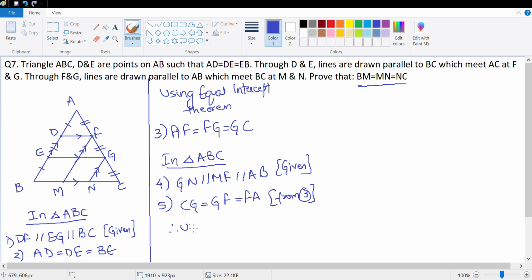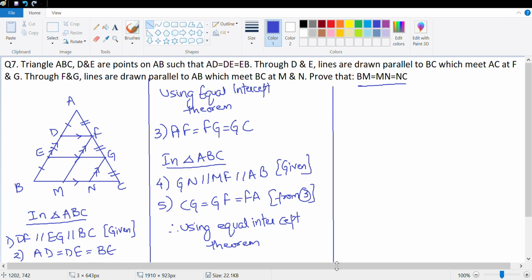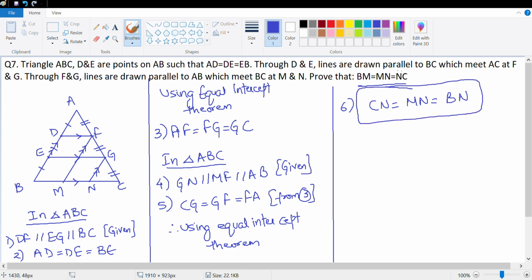Therefore, using equal intercept theorem, what do I get? Just draw this line quickly, done. What I get is number 6, which is CN is equal to MN equal to BM. Perfect. So this is what they wanted me to prove. This is done.